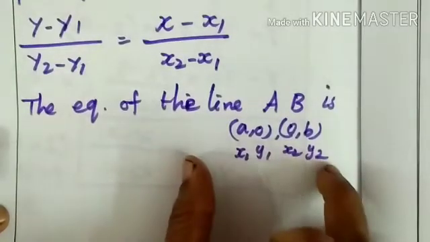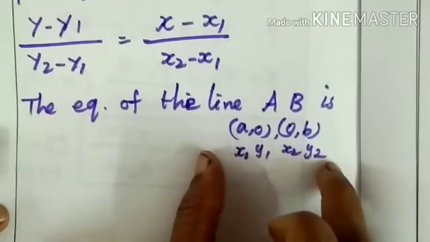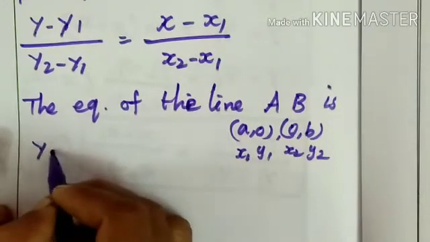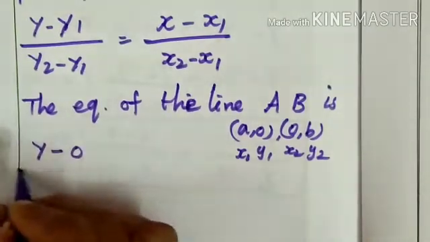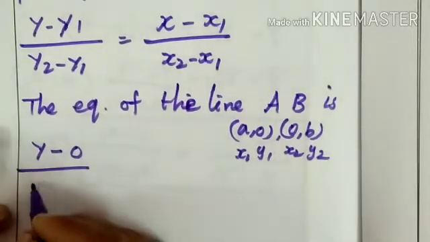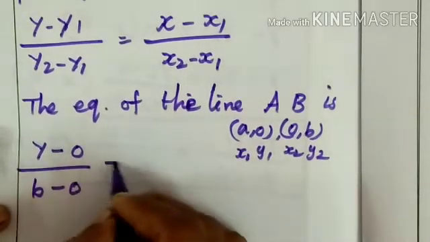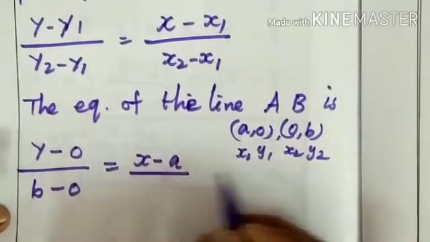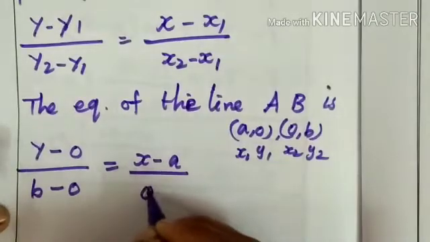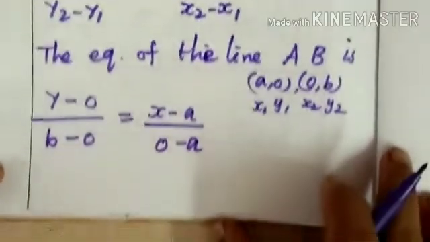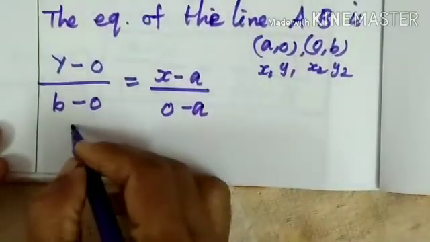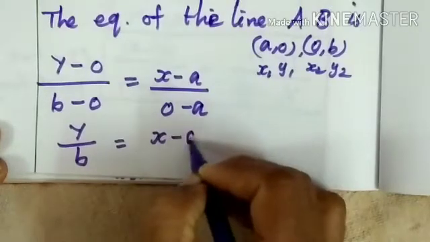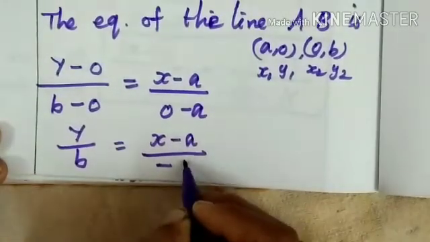Now you have to apply these points in this formula, means we get y minus 0 by b minus 0 is equal to x minus a by 0 minus a. Now you have to simplify this, means we get y by b is equal to x minus a by minus a.